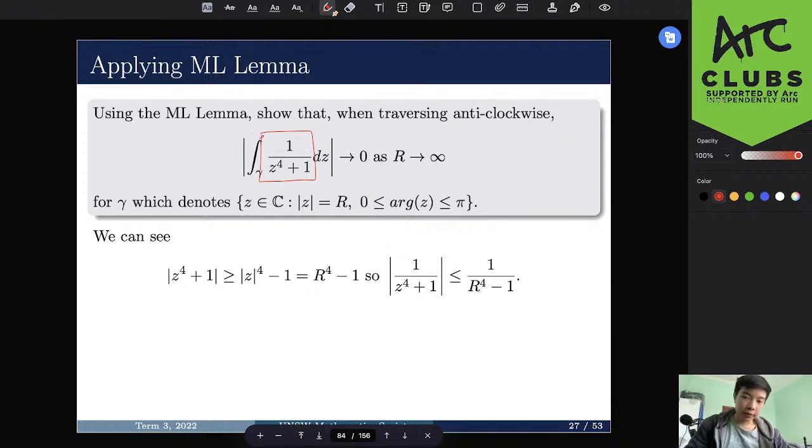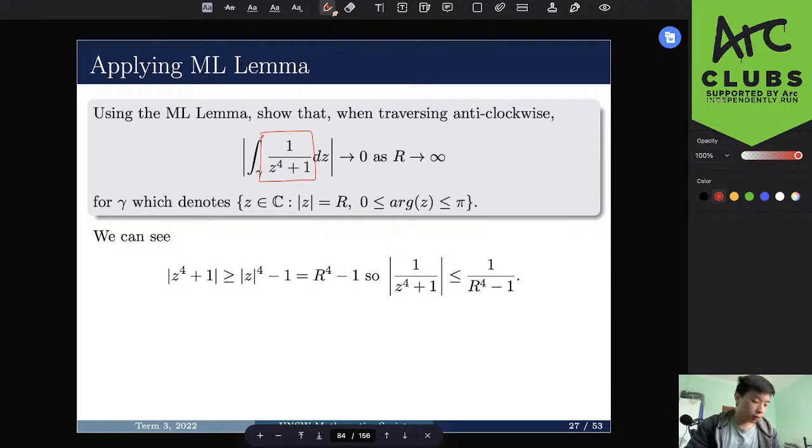So obviously what we can do is take the modulus of the inside, and then we have z to the 4 plus 1, which is our denominator. We know that from the circle inequality that's greater than or equal to the modulus of z to the 4 minus 1.